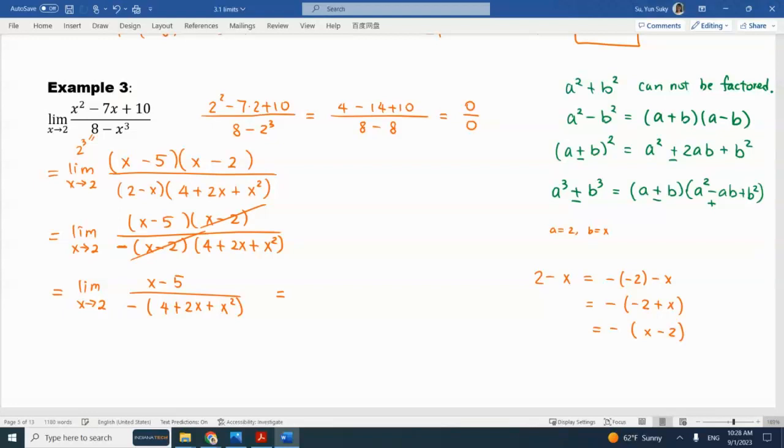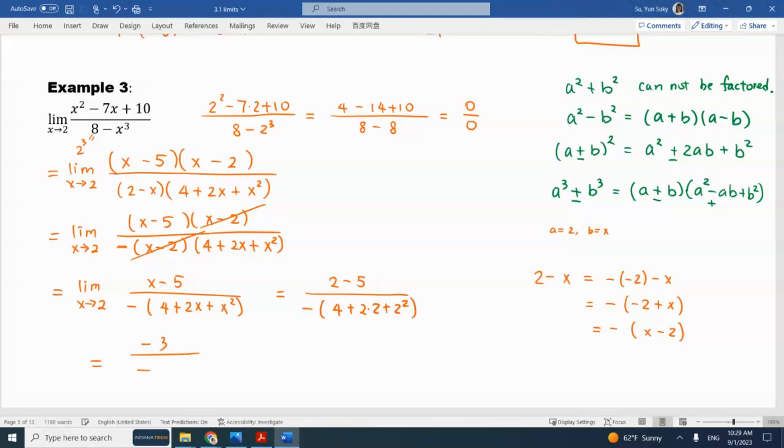Okay, now we can plug in again. When we plug in a number, whenever we see x, we replace x by 2. In our expression, we don't have any x anymore, so you don't need to put the limits, because the x is gone. So we plug in x is 2. So 2 minus 5, over negative 4 plus 2 times 2 plus 2 squared. What's 2 minus 5?